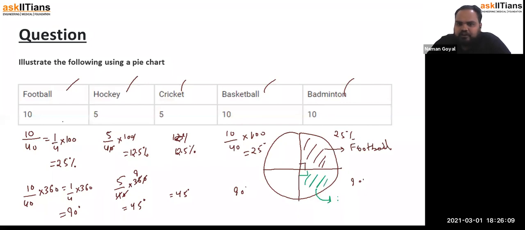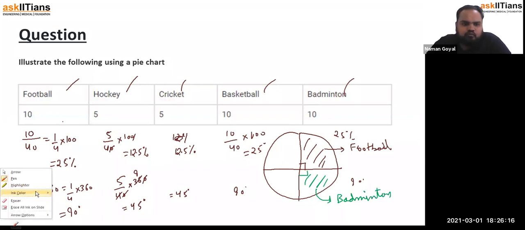Now the next 90 degree is for basketball.